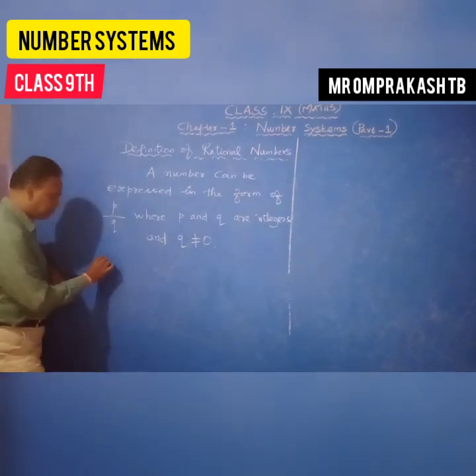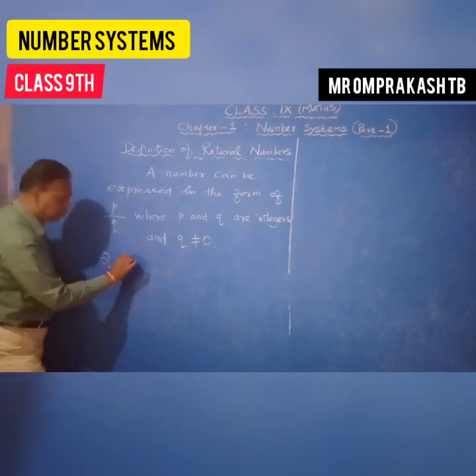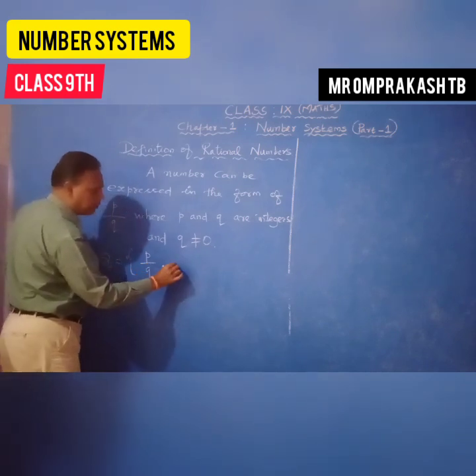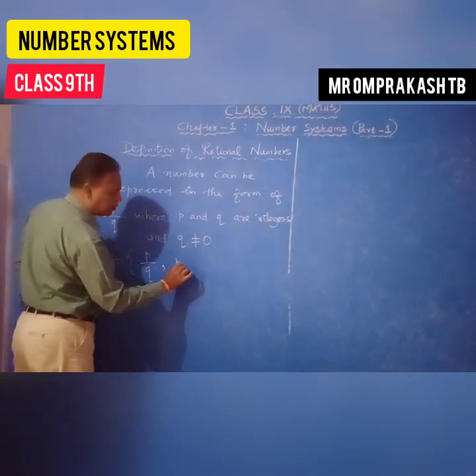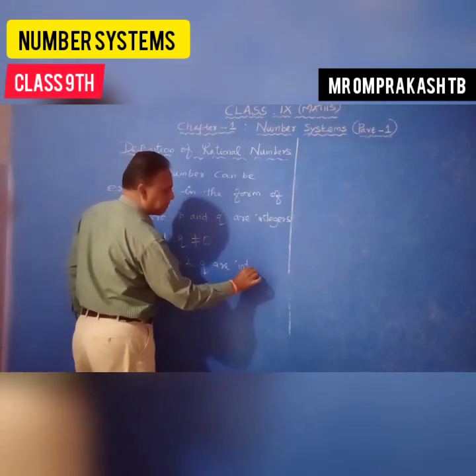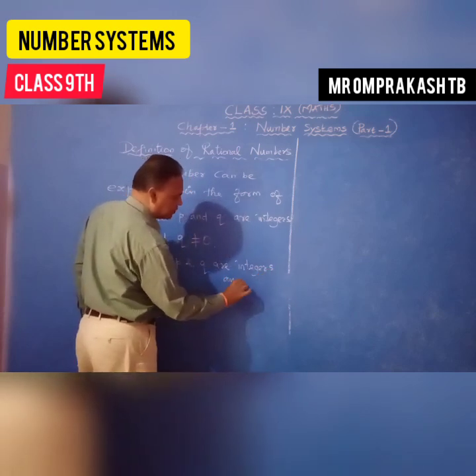That's why in numbers we have seen that the rational numbers are denoted by capital Q, the set of all p by q, such that p and q are integers and q is not equal to 0.